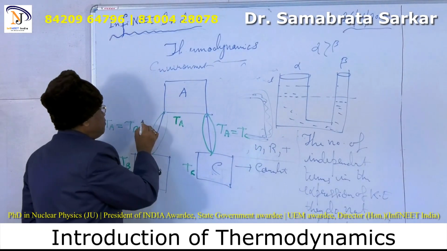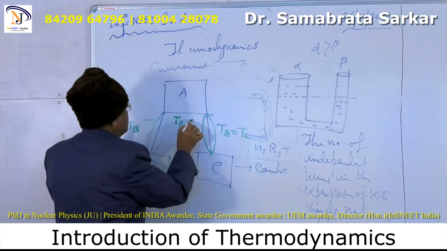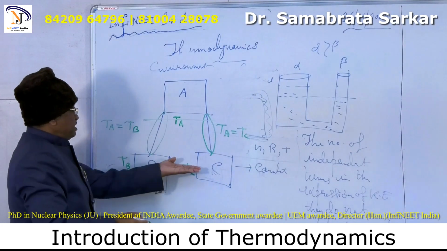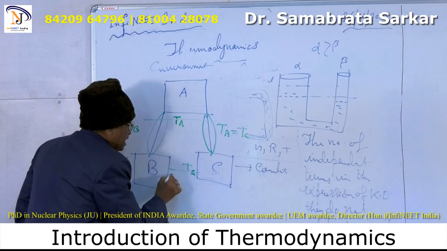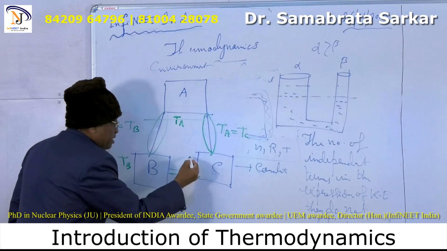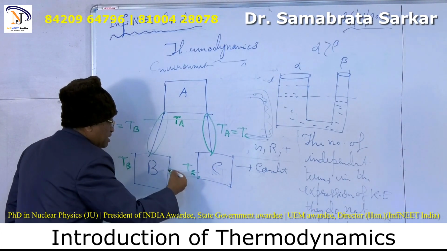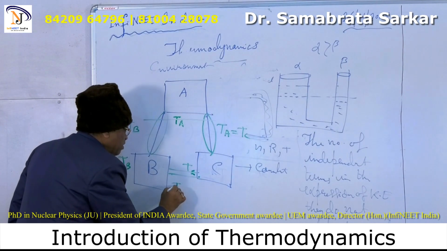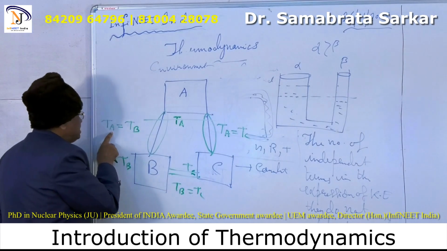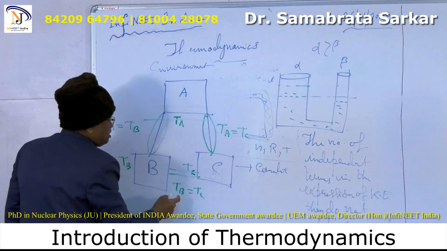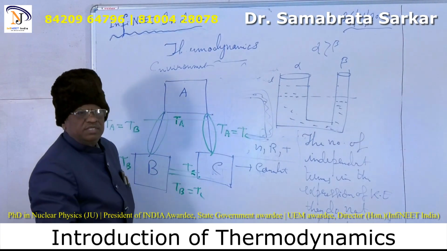Now you cut off body A from these two bodies. Then what can you write about the relation between the two bodies? Since TA equals TB and TA equals TC, you can write TB equals TC.